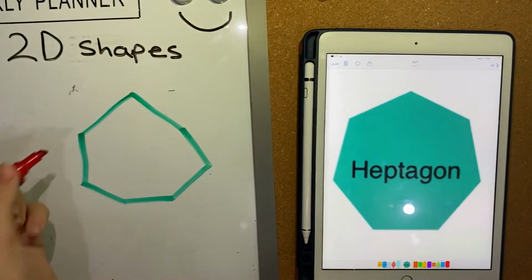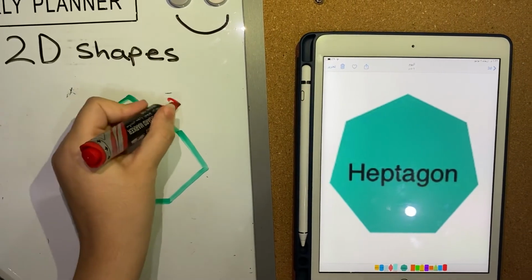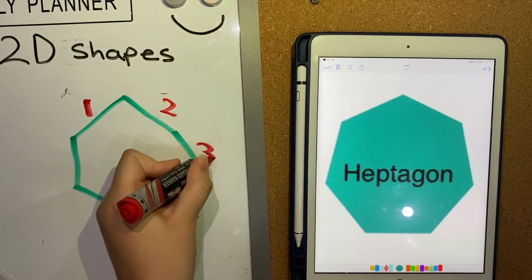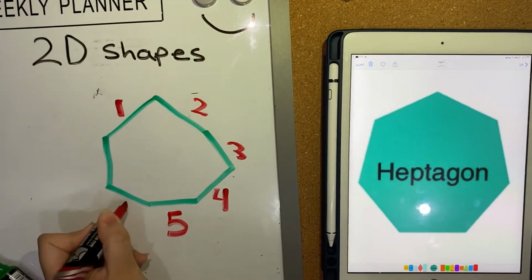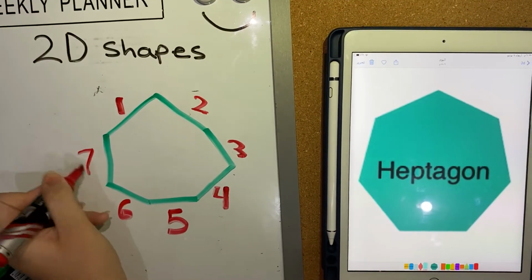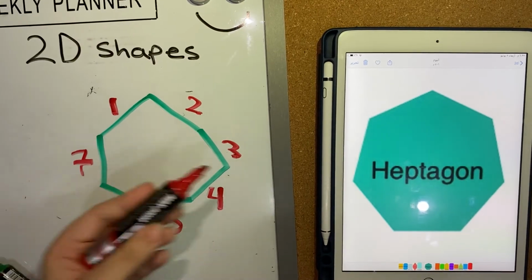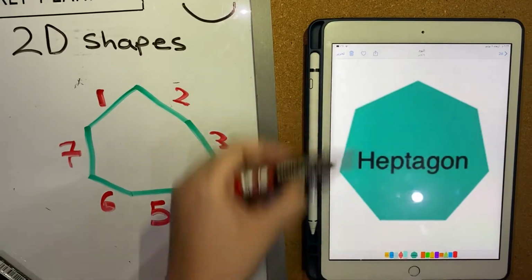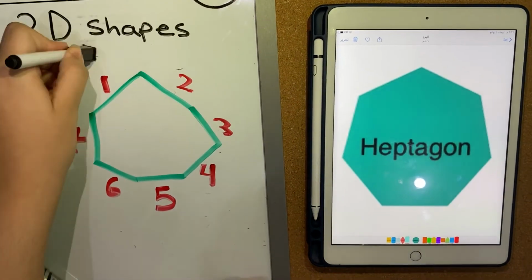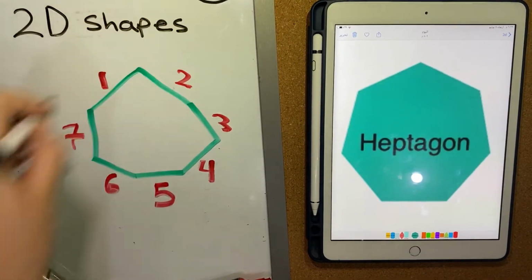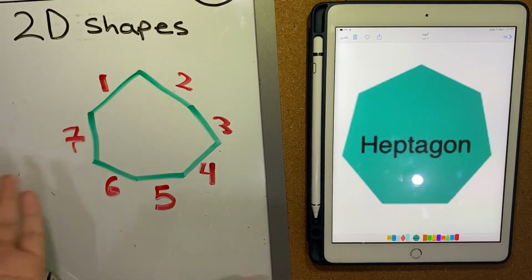Let's count. 1, 2, 3, 4, 5, 6, and 7. 7 sides. So the heptagon has 7 sides. And the square has 4 sides.